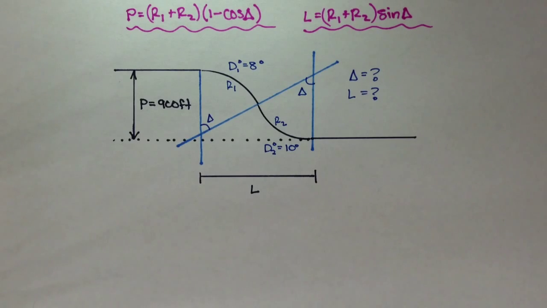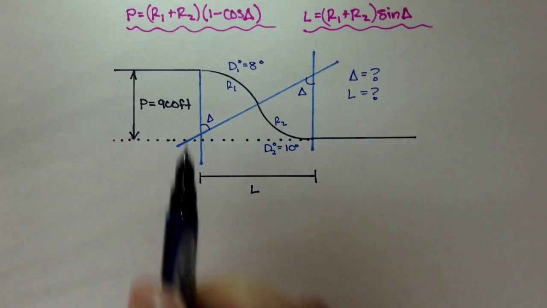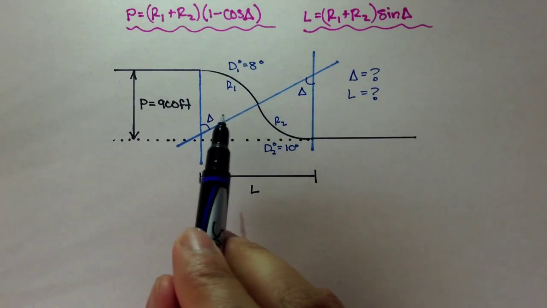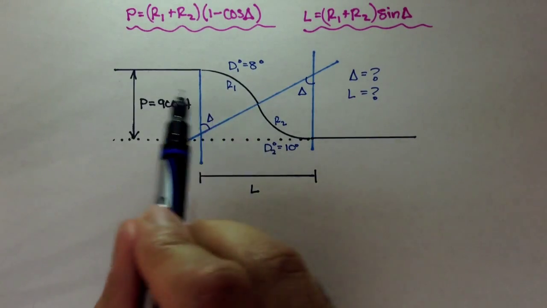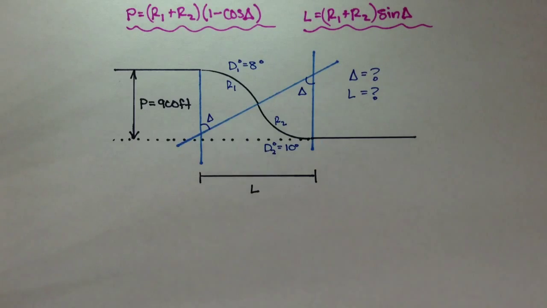So the first thing we want to do is figure out what each of the radii are for these two curves. Since we're using a degree of curvature, and we didn't say this is a railroad, we can assume a freeway definition or an arc definition of degree of curvature.